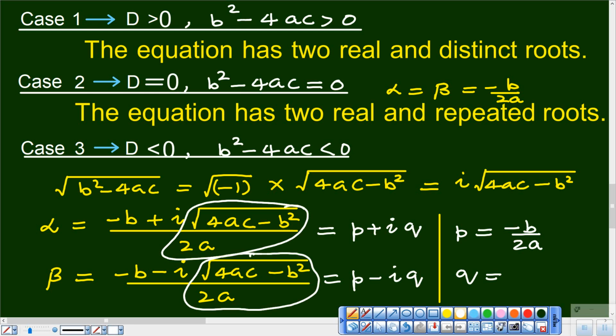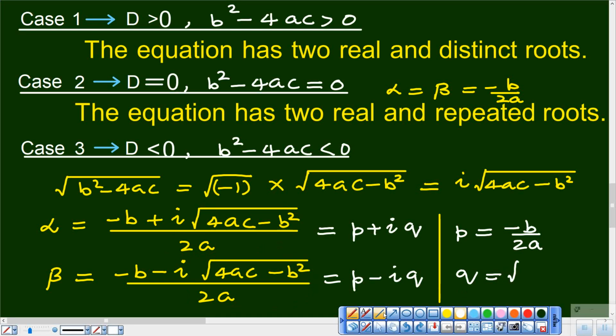And thus q is going to be square root of 4ac minus b square upon 2a. So you can see that in this case the two roots are complex.